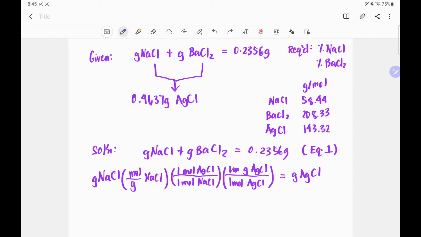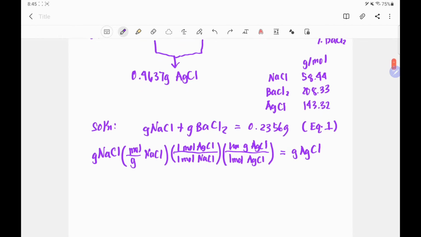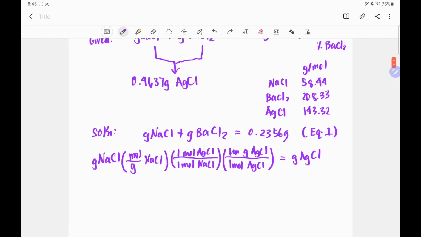Likewise, I can do the same for grams of barium chloride. So, if I put in the numbers necessary, grams of sodium chloride divided by the molar mass, 58.44. We're done with this step.